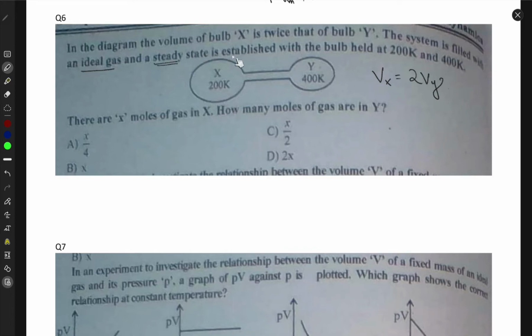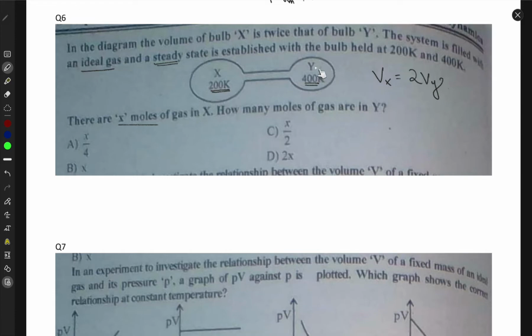That's what steady implies. It is established with the bulbs held at 200 kelvins and 400 kelvins. So we can see that X is at 200 kelvins and Y is at 400 kelvins. There are x moles of gas in X. How many moles of gas are in Y?